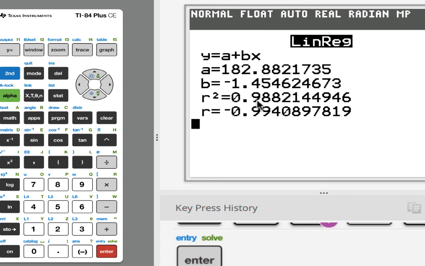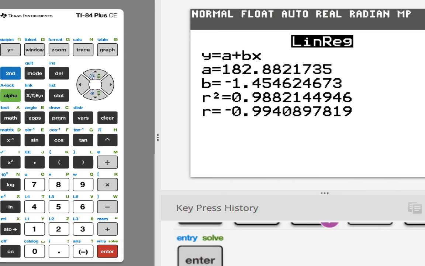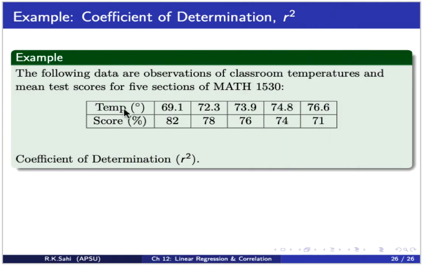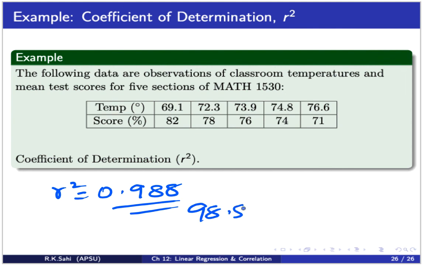The R squared is 0.988. So that's the answer to our question, which was already done earlier. So R squared is 0.988. That means 98.8% of the variation of the Y values can be explained by the explanatory or the X variable.